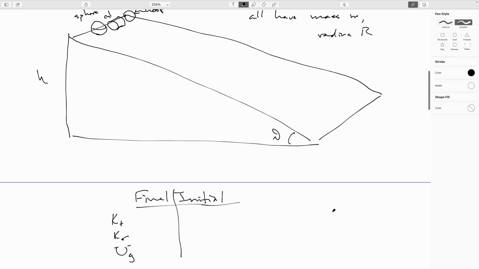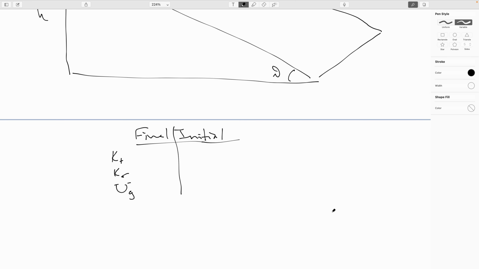All right, so let's go ahead and fill in the values. We're letting all these go from rest, so we can make these 0. We can set y equals 0 to the bottom of the problem, making the initial gravitational potential energy mgh. And then we'll have 1/2 mv squared and 1/2 I omega squared.